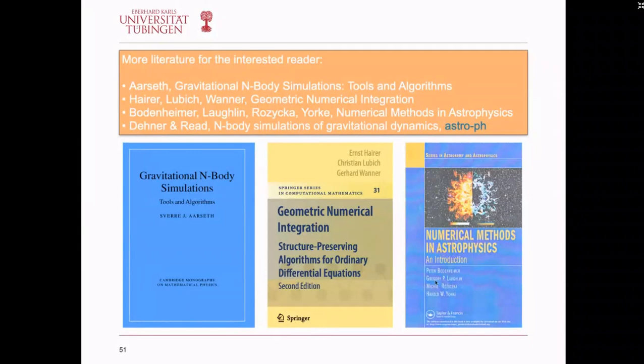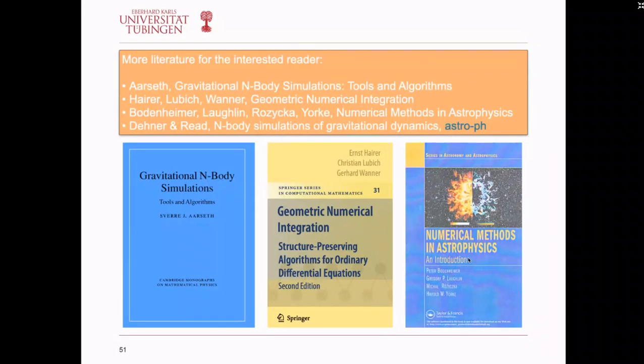And then, of course, this is also the book that Willy Gleich showed yesterday, Numerical Methods in Astrophysics. There is a chapter on N-body in the book, about 30 pages or so, that also deals with tree methods and regularization, and shows some different time integrators, approximately the thing that I've shown here.